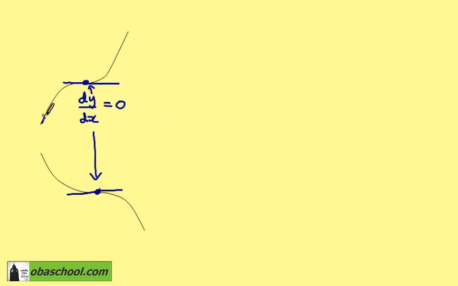This type of turning point, which either goes positive, then 0, then continues to be positive, or negative, 0, and negative, is called a horizontal point of inflection.